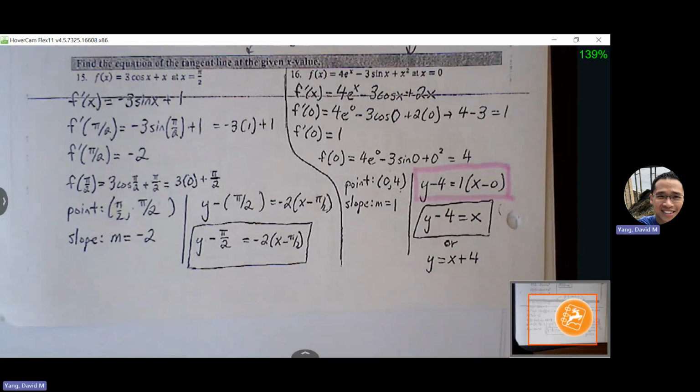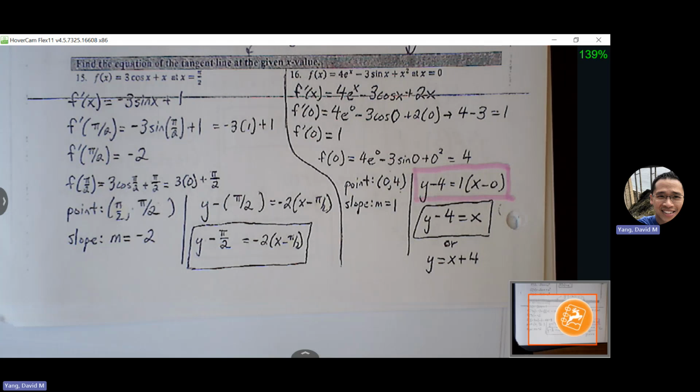What you guys got? 16. I found my derivative first. It really doesn't matter which one you find first, but we just know we have to gather both sets of information, right?